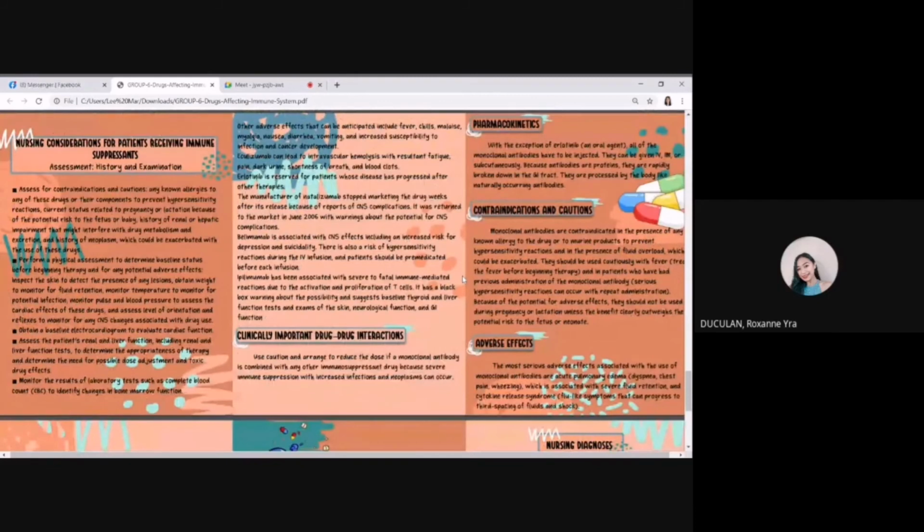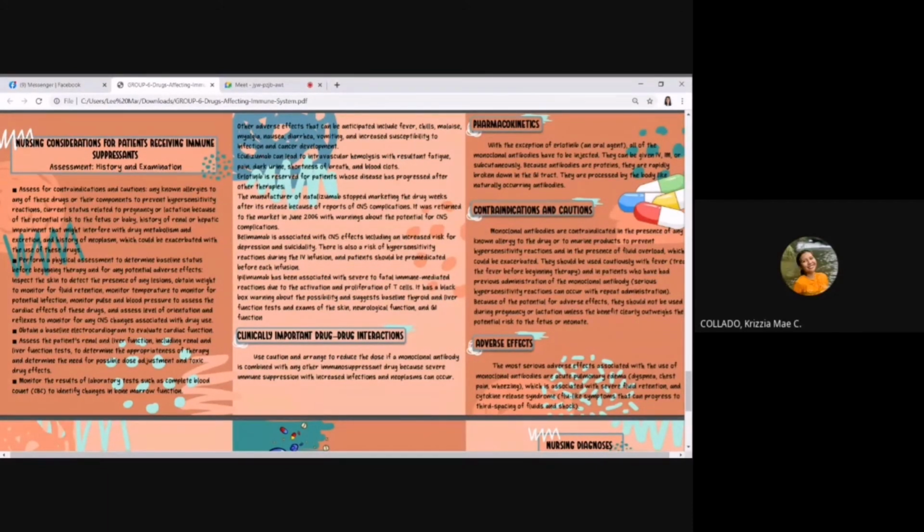They should be used cautiously with fever and in patients who had previous administrations of monoclonal antibodies. Because of the potential for adverse effects, they should not be used during pregnancy or lactation unless the benefit clearly outweighs the potential risk to the fetus or the neonate.